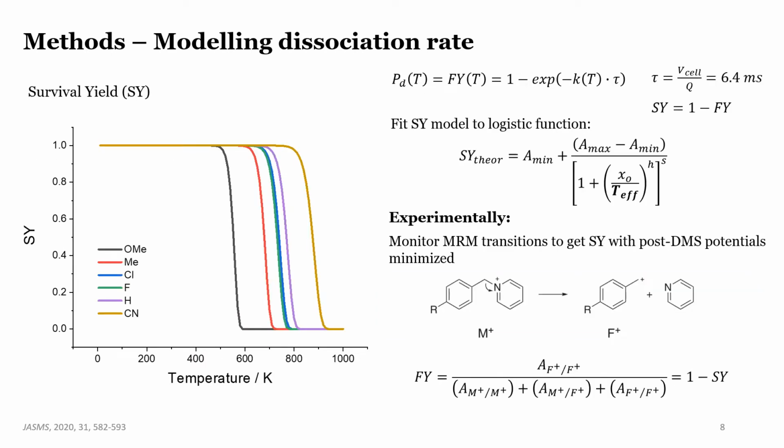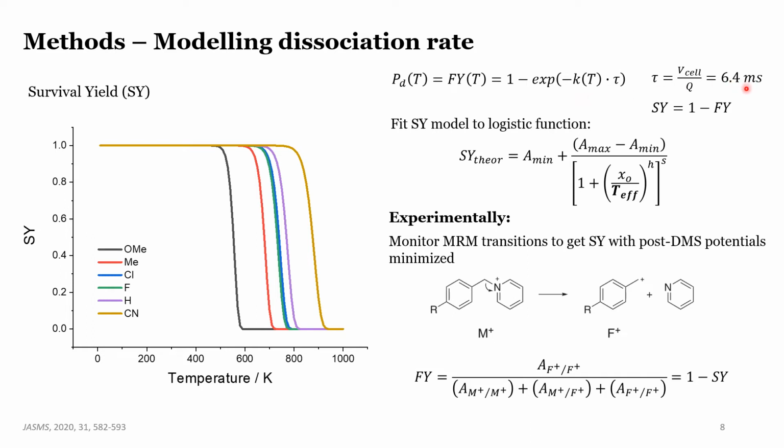Now that we have our dissociation rates, we can model the survival yield of each benzylpyridinium species by looking at their breakdown behavior. The probability of dissociation, which is effectively the fragmentation yield, is 1 minus the exponential decay of the parent species.